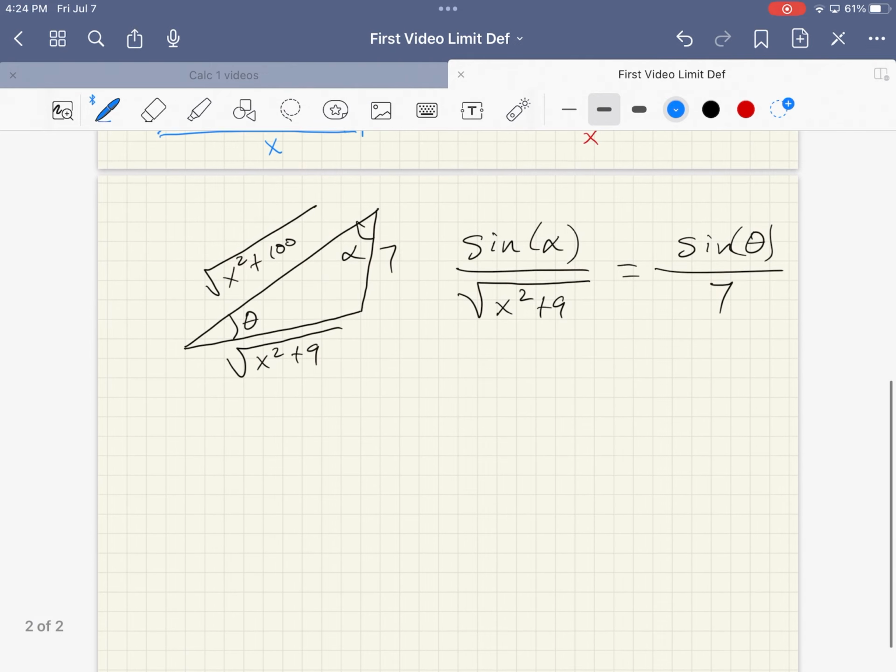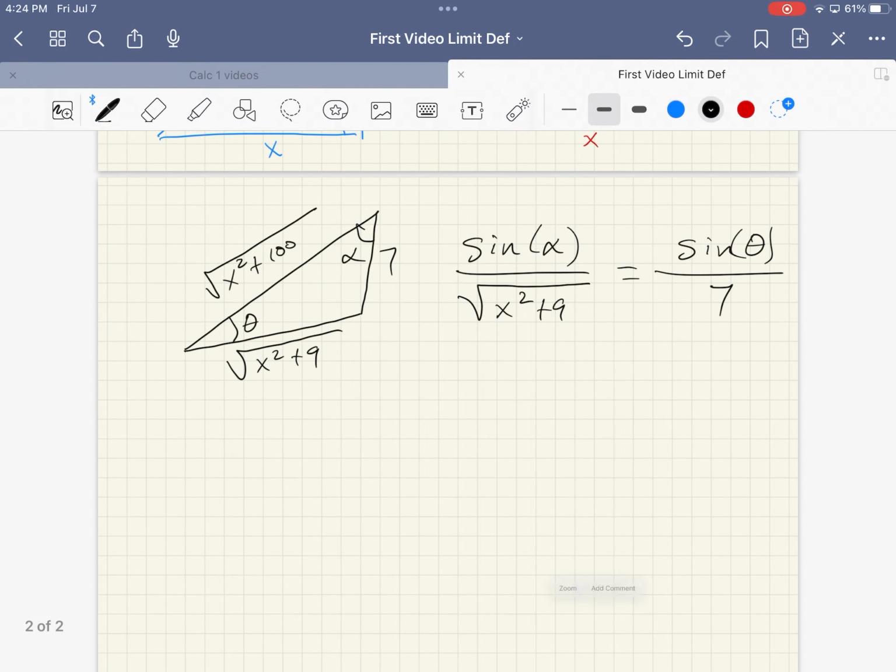So I'm going to replace that here. And so what I get is that x over the square root of x squared plus 100 times the square root of x squared plus 9 would be equal to sine of theta over 7.